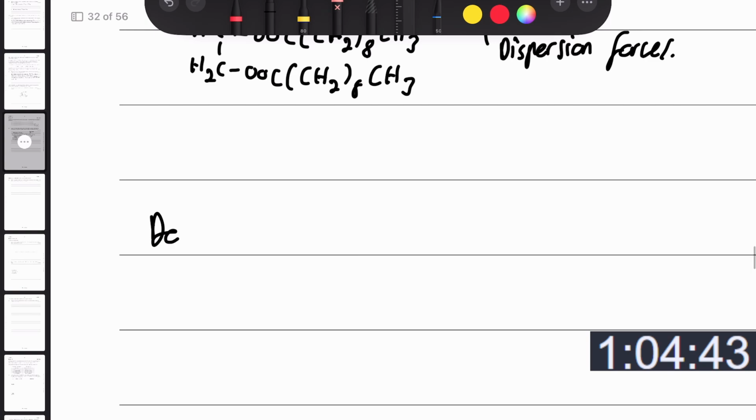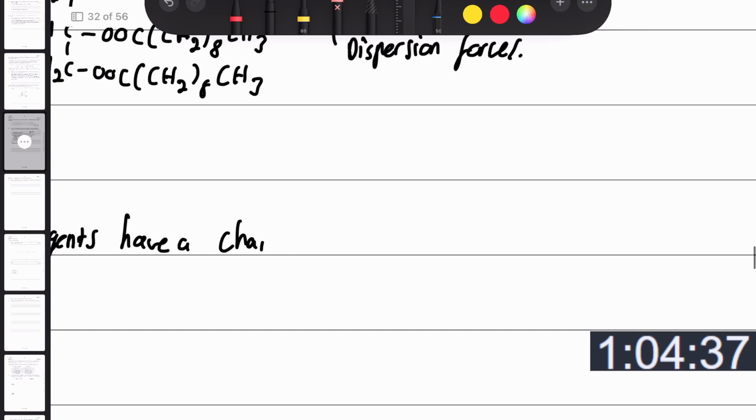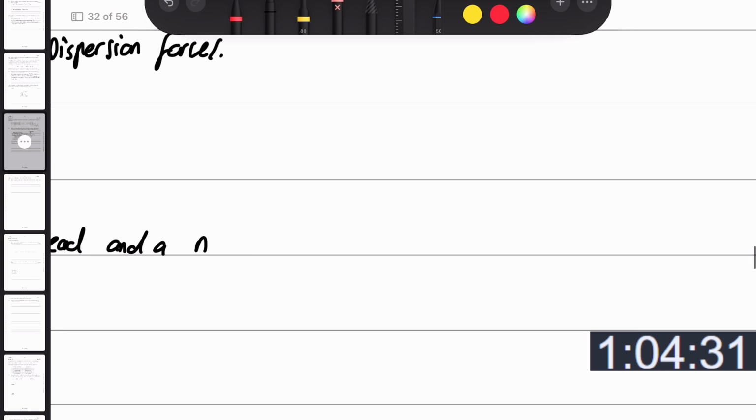So detergents have a charged head and a non-polar tail.